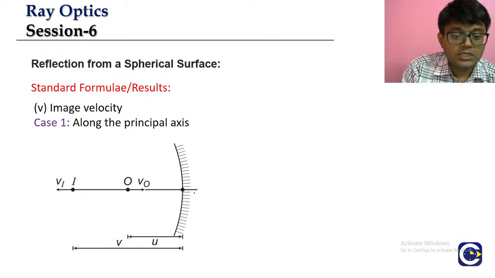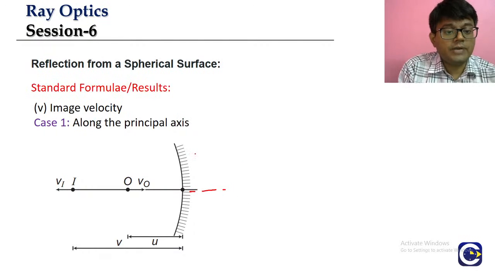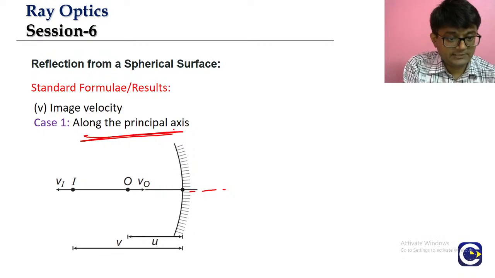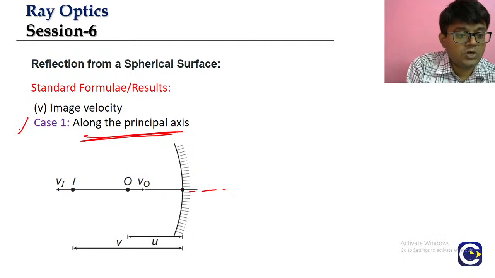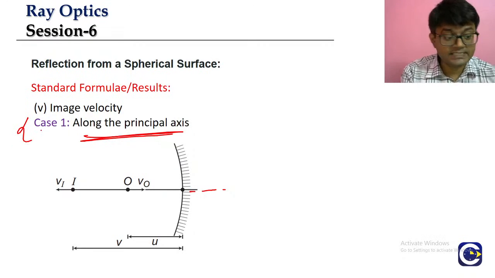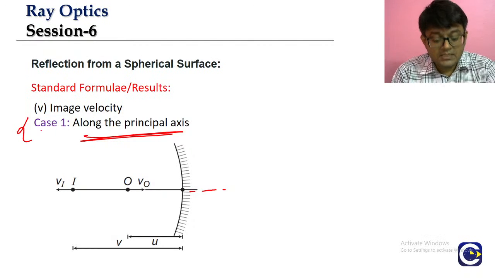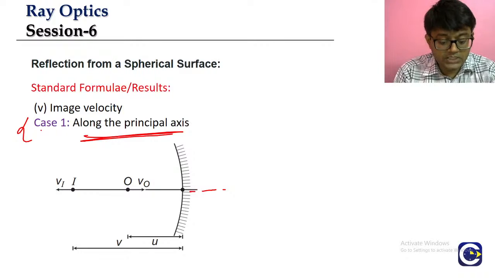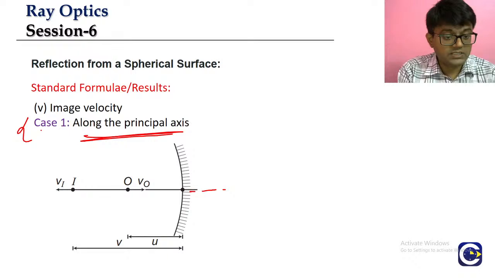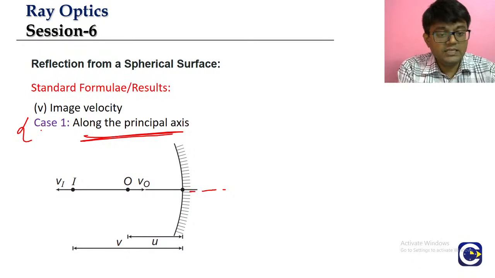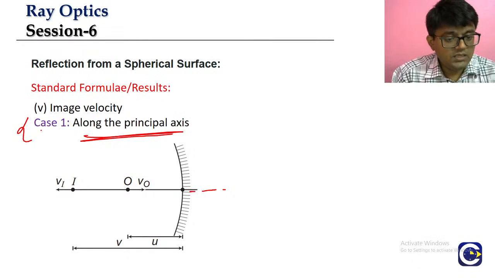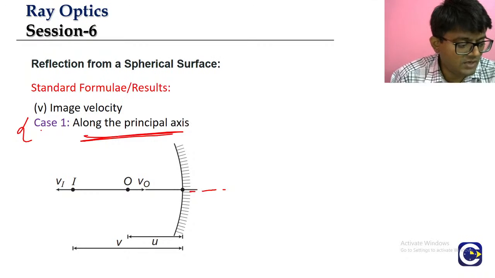We'll talk about the velocity component along the principal axis. First case, we'll discuss the relation between the component of velocity of the object and the component of velocity of the image in the direction of the principal axis.